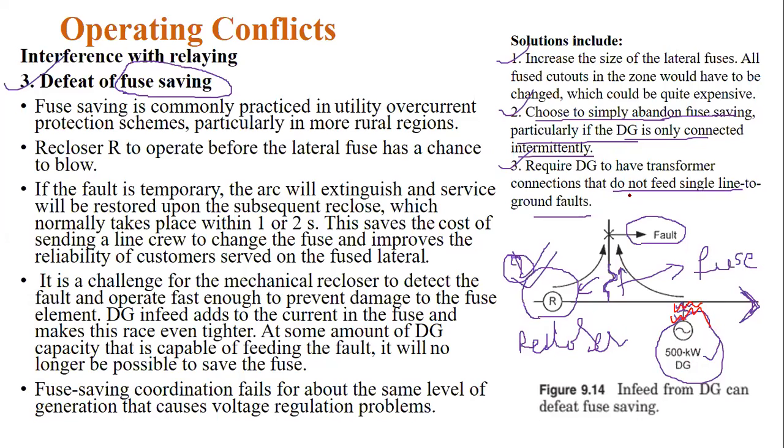So that will greatly impact the fuse saving. In which way? It will not feed the single line to ground fault. So in this way, it protects the fuse from different types of faults. These are the different solutions.